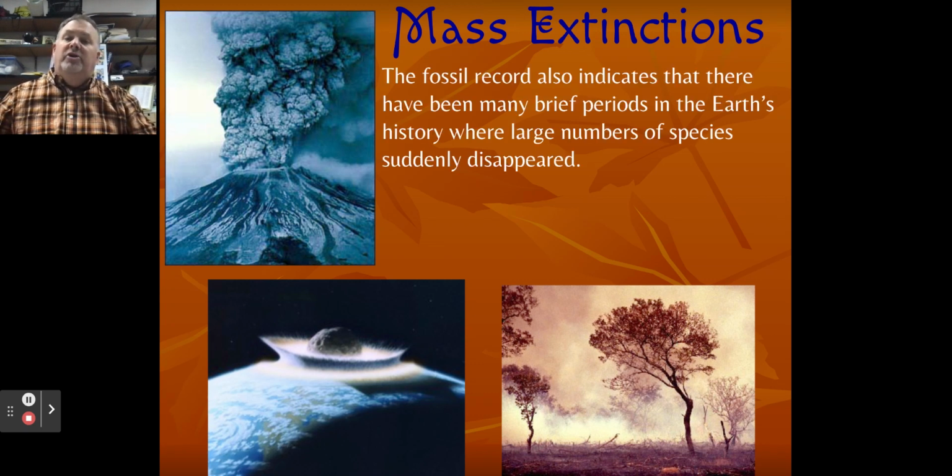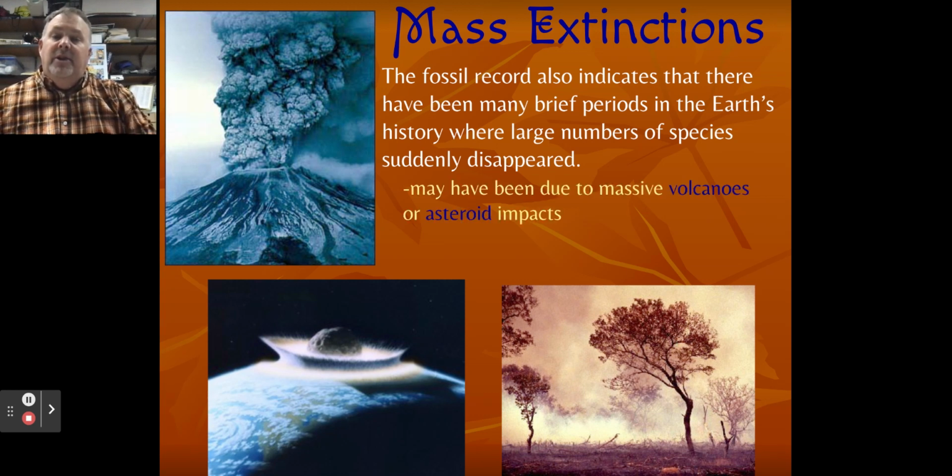Others that you can think about, some of the fossil record indicates that there have been some brief periods in time in the Earth's history where large numbers of species have suddenly just disappeared, wiped themselves off the planet Earth. Whether that may be a large meteorite, maybe there were fires, maybe volcanoes. All these have disturbed the Earth, and we have evidence of that.